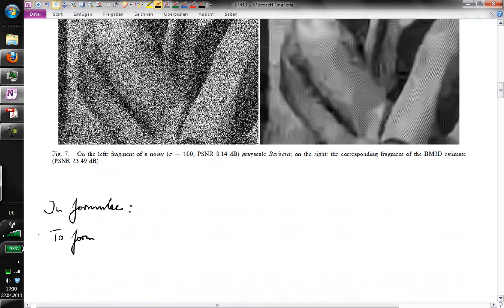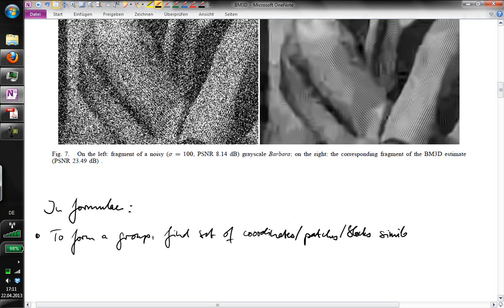So to form a group, first we need to find a set of coordinates or of patches, in the paper they talk about blocks, that are similar to the current reference patch.